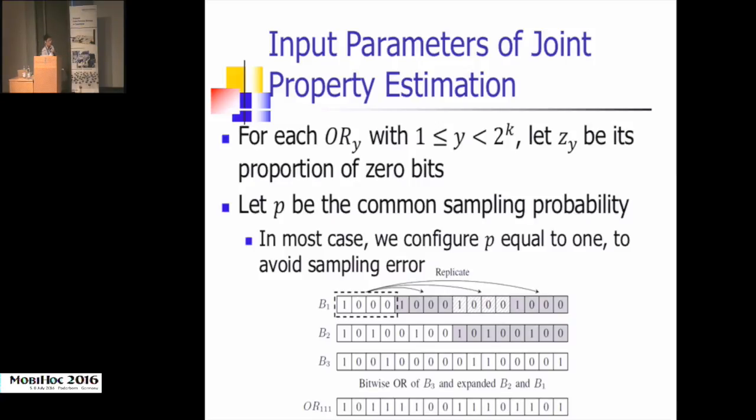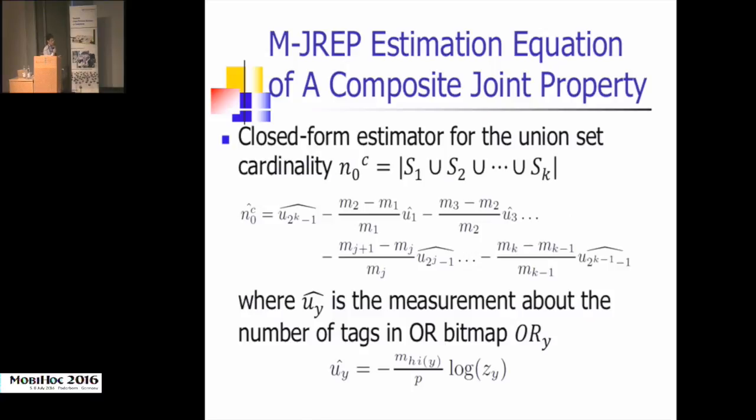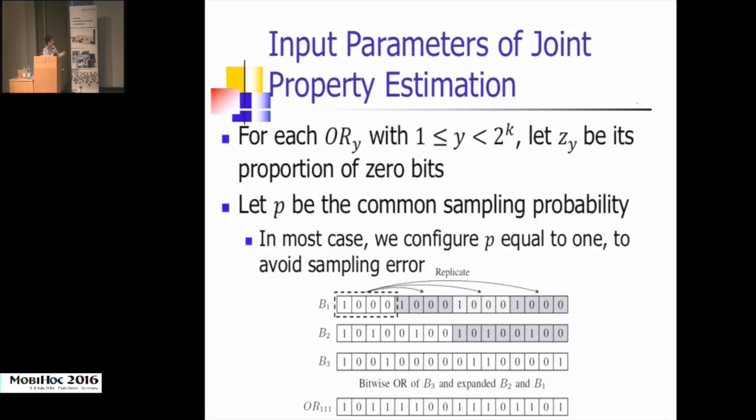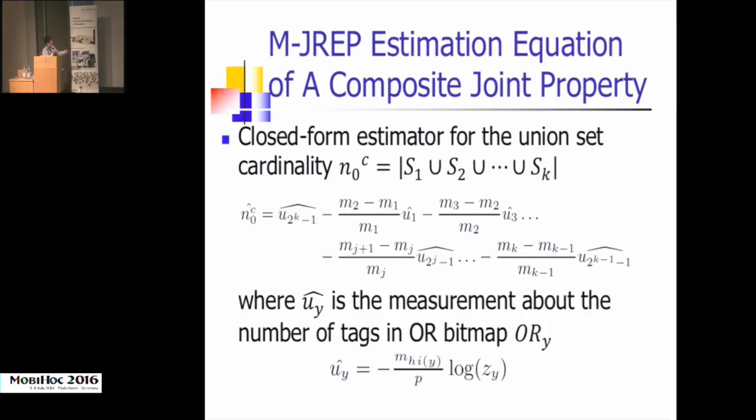We have many of these OR bitmaps, and we have given the closed form estimator for the union of tag set cardinality, N0 complement. You can see N0C equals this equation, and UY here is the measurement about the number of tags in the OR bitmap ORY. That's the closed form equation for the number of tags in the union set.